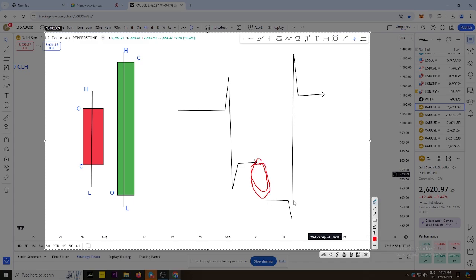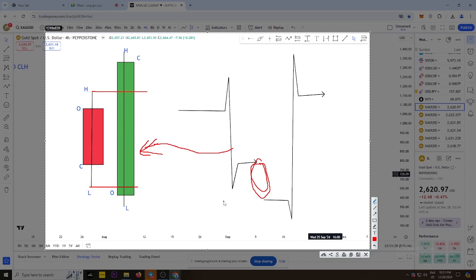That's why I said in theory it's perfect, but in a practical chart, this is not a perfect price movement. It's kind of a handicapped engulfing.